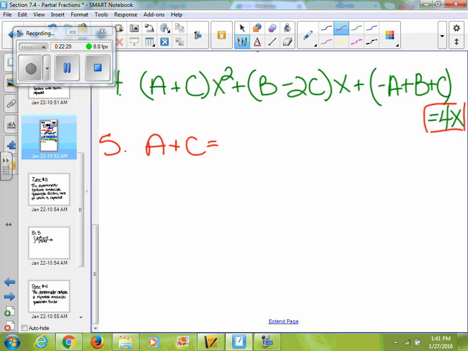You only have 4x, so you have 0 x squareds. How many just plain x's do you have? 4, because you have a 4x. And how many constants do you have? 0. Thank you, Kira.